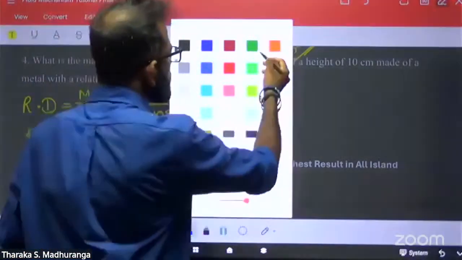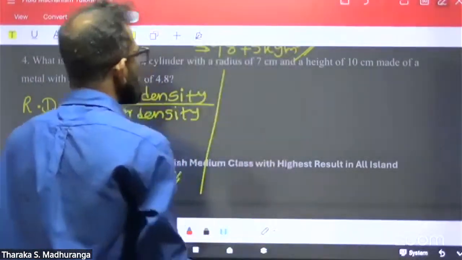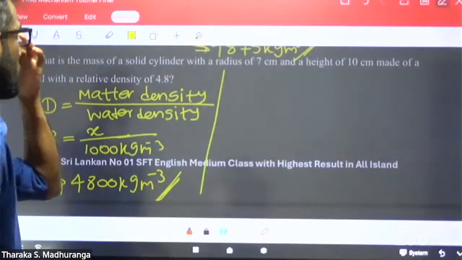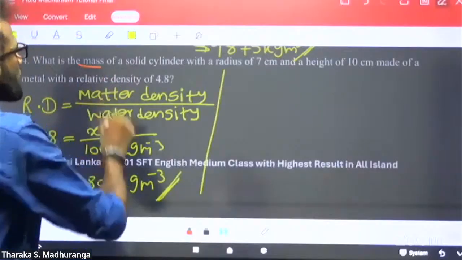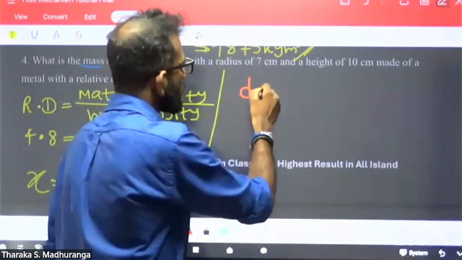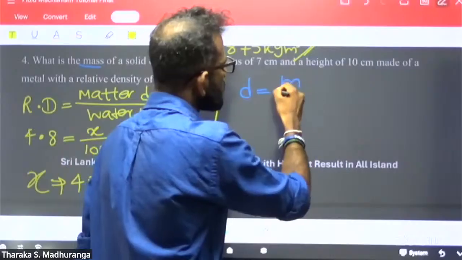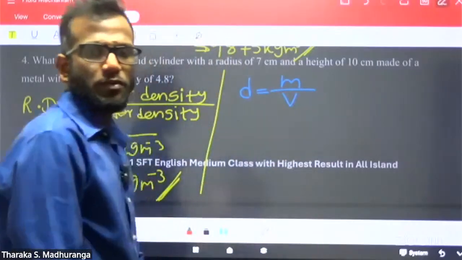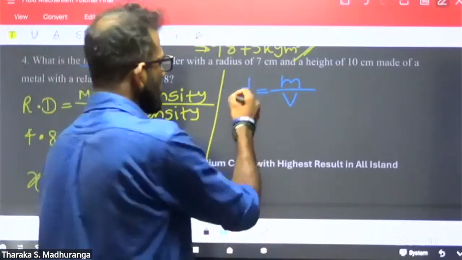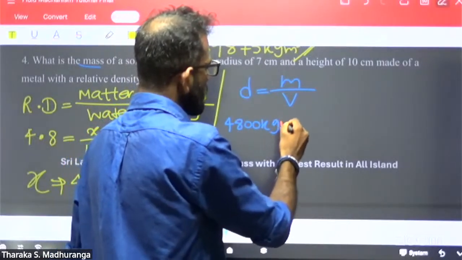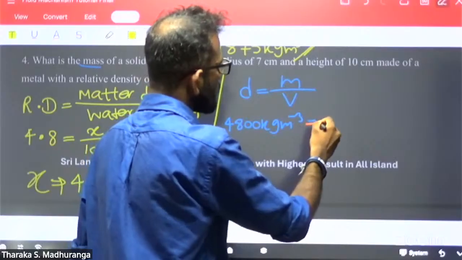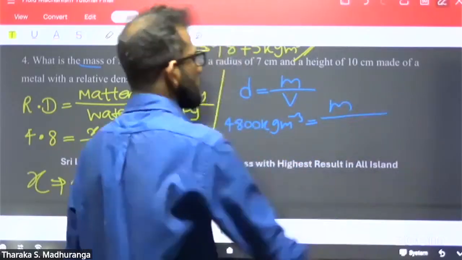The question asks the mass of the solid cylinder. You already know density equals mass over volume. The density you found is 4800 kg m^-3 in standard unit, equal to the mass you are finding over the volume.